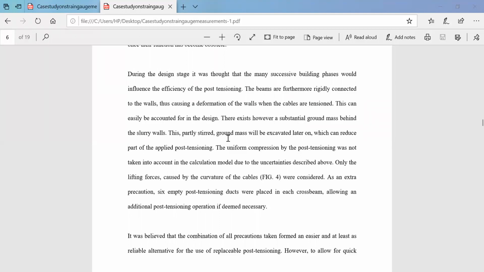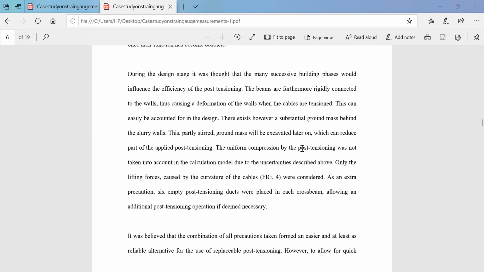There exists, however, a substantial ground mass behind the slurry walls, and hence the groundwork will be affected by how well the slurry walls support it. The walls used for supporting the beam should be strong enough, right? It again depends upon the design as well as the slurry walls being constructed. This partly stirred ground mass will be excavated later, which can reduce part of the applied post tensioning.